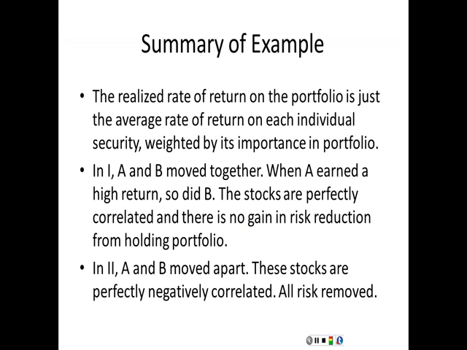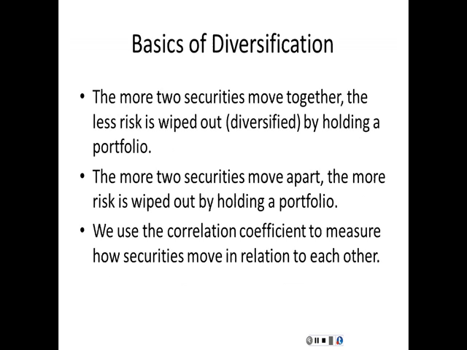So if you summarize this, when A and B moved together, we didn't really gain any risk reduction. In other words, we're going to call this highly correlated in a moment. When A and B moved apart, we say these stocks are negatively correlated. We got rid of the risk. So what we're looking for is assets that aren't exactly alike. So the basics of diversification: when we put two or more securities together, we remove risk.